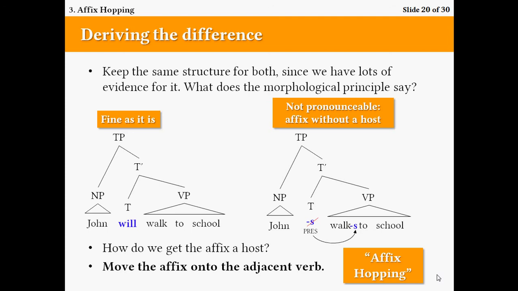That operation that moved the affix onto the verb in order to give it a host is what we call affix hopping. This is a transformation. It's something that alters a syntactic structure, in this case because the structure as it stood wasn't pronounceable. So affix hopping steps in to rescue the structure and make it pronounceable.